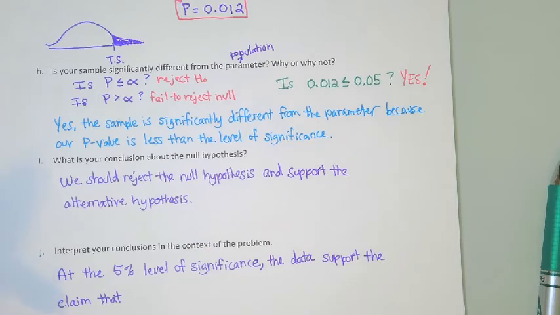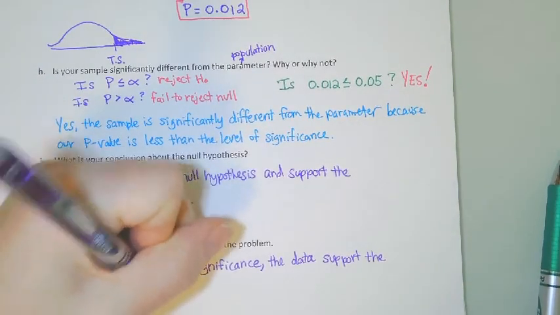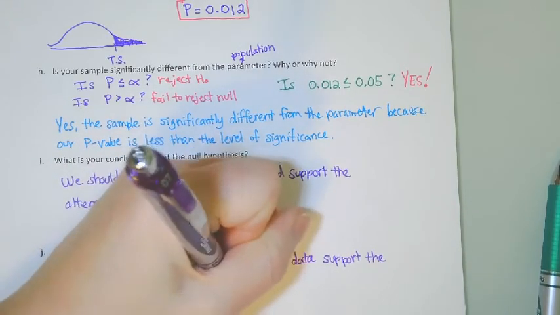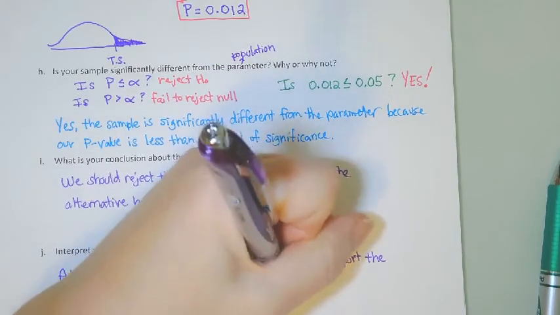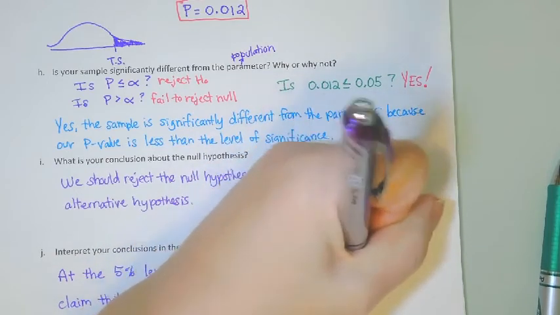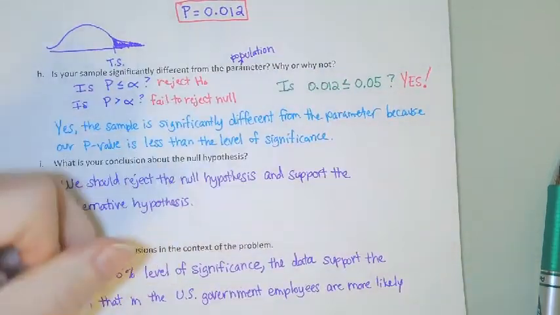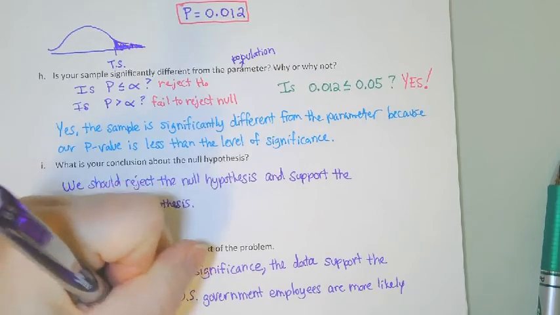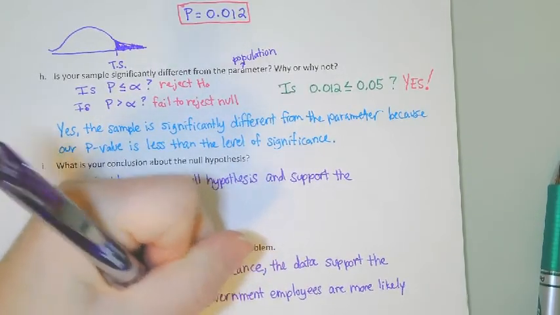So the data support the claim that in the U.S. government, employees are more likely to have a female boss.